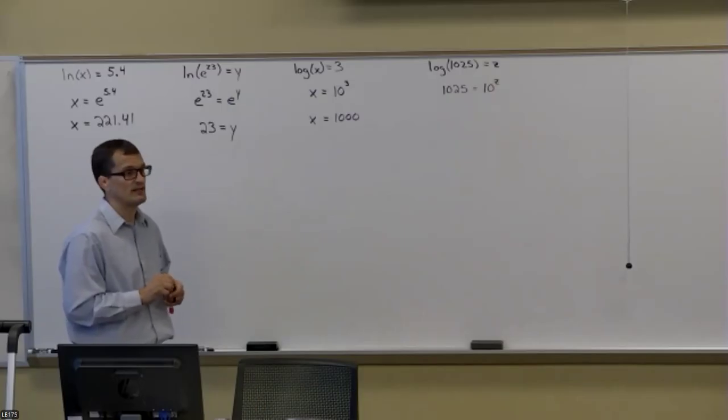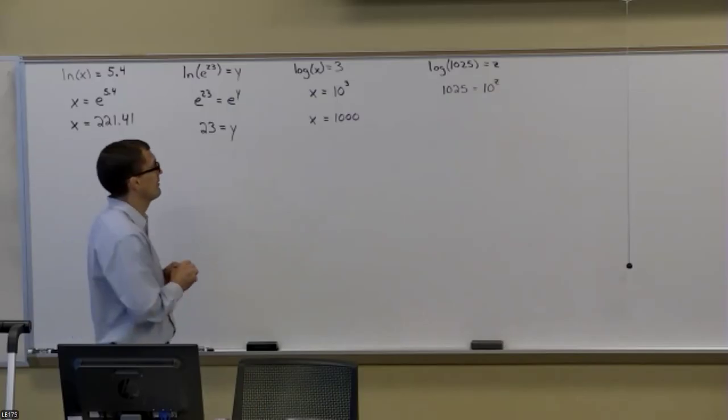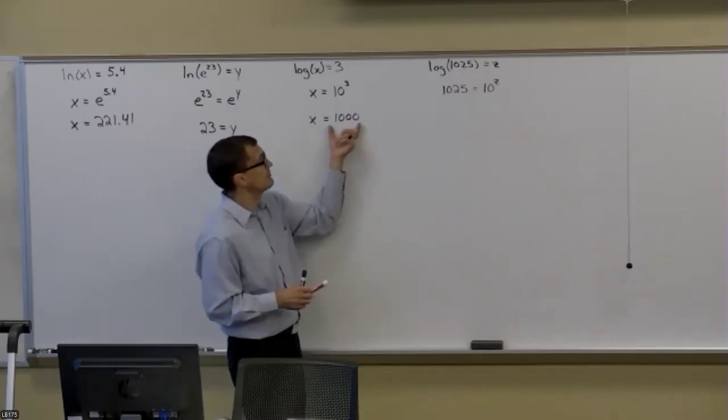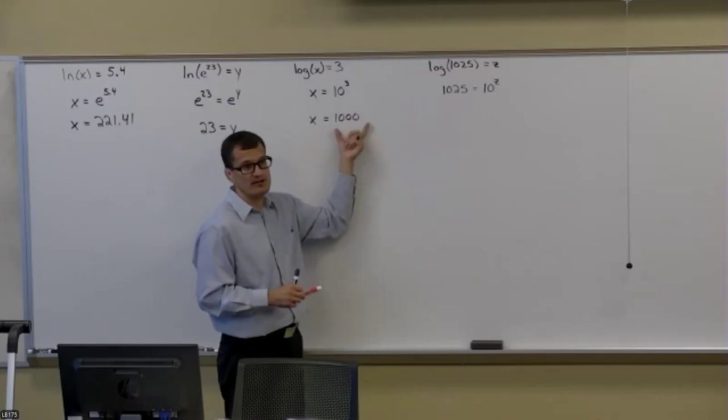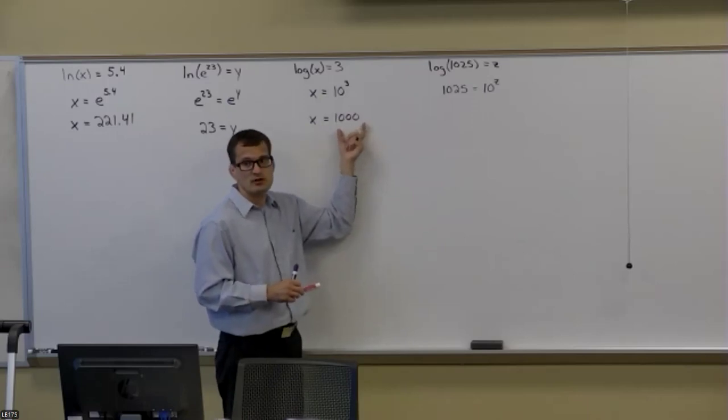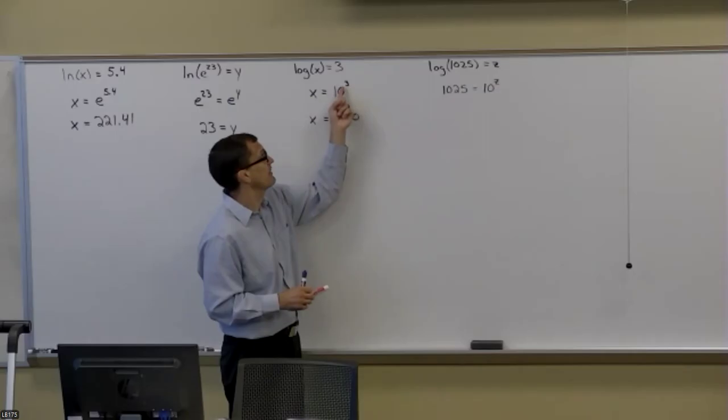Turns out it's not going to be a nice whole number. We just saw that 10 to the third is 1,000. 10 to the fourth would be 10,000, by the way. So it's probably going to be 10 to a power that is just a little bit over 3.